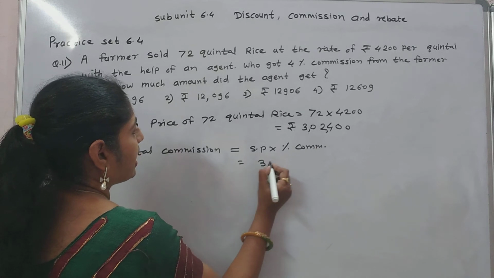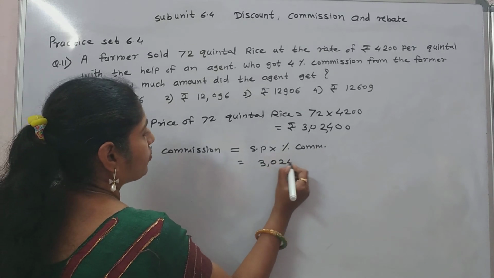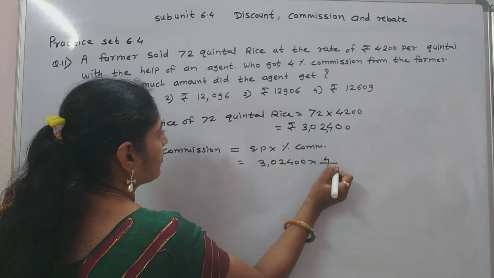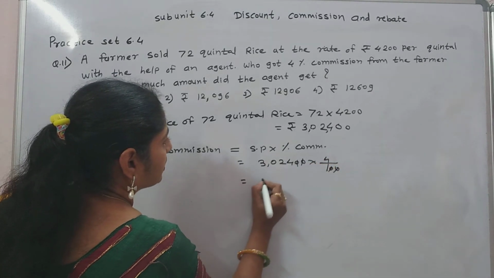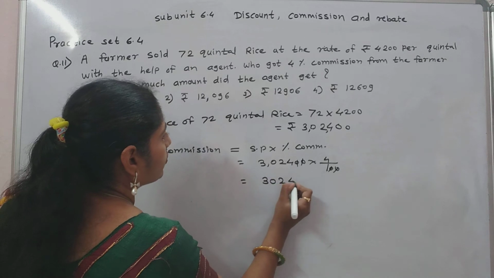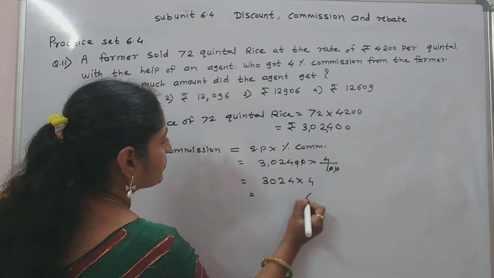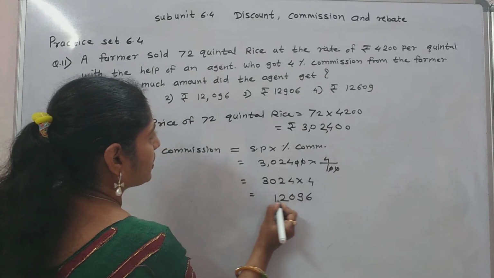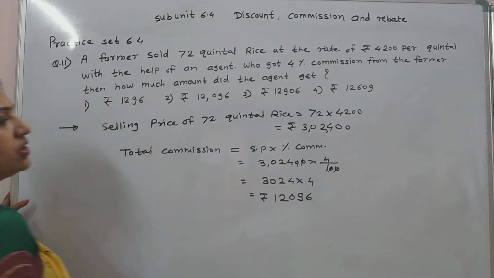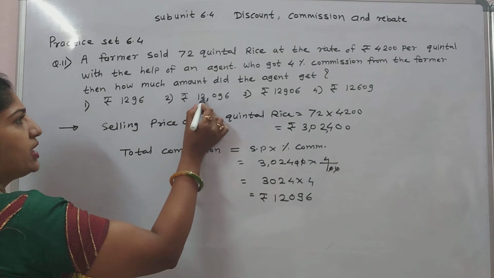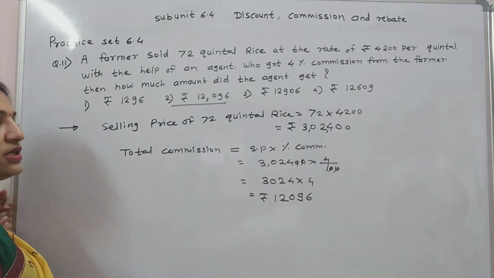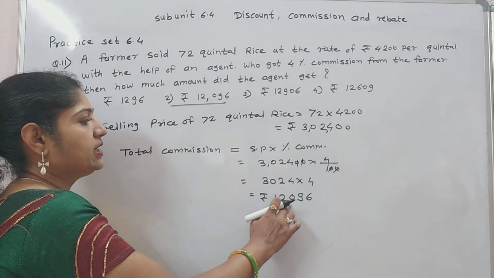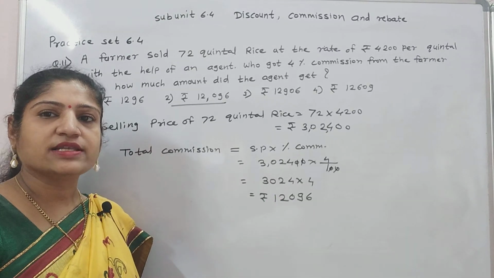Selling price 3,02,400 into percentage is 4%, that is 4 upon 100. Double zeros are cut. 3024 into 4. So the answer is 12,096. Answer is option number 2. The agent gets 12,096 rupees as commission.